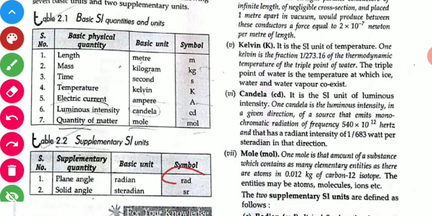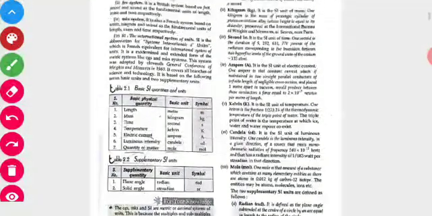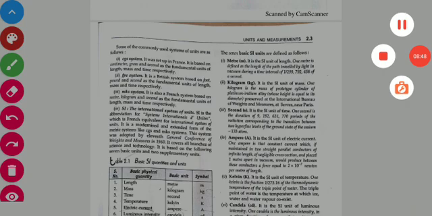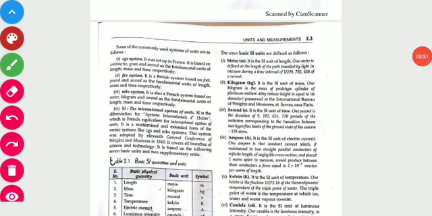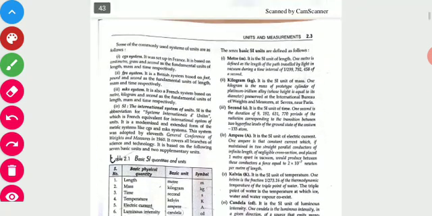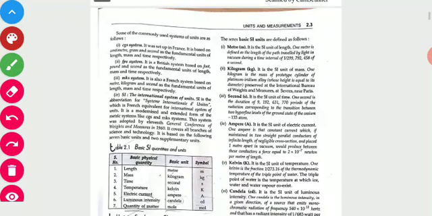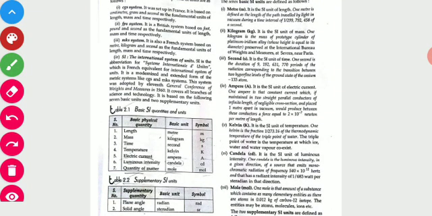For radian we use the symbol rad, and for steradian we use sr. So these are some of the SI units. There are 4 systems of units in all: CGS, SI, FPS, and MKS. Accordingly, we use the system of units for our measurement. But the internationally accepted system of units is the SI unit.